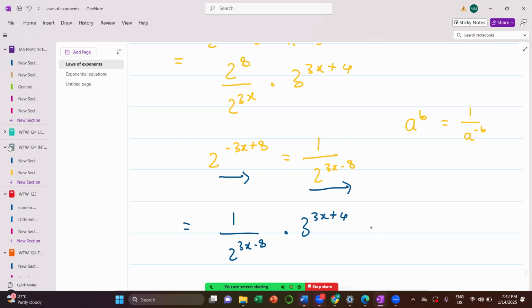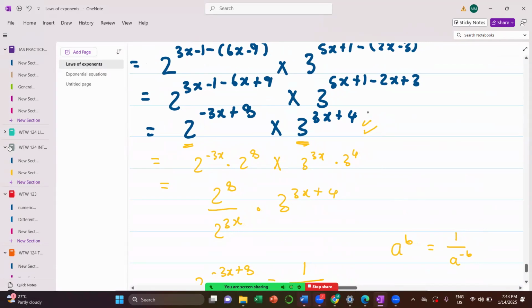Remember, this is just all over 1. So here I'm gonna have 1 multiplied by this whole thing. So it's gonna be 3 to exponent of 3x plus 4 all over 2 to exponent of 3x minus 8. Ma'am, this is still 100% correct. It's still the same as that.